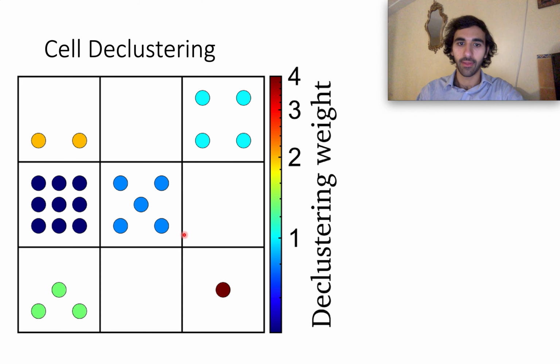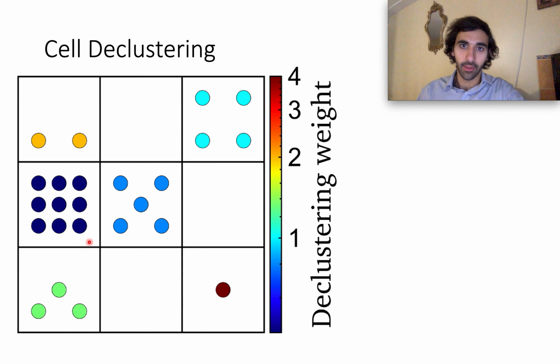So in this simple example here, to the bottom right, we have 1 sample representing this entire cell. So that 1 sample will have the highest declustering weight of 4. To the top right, we have 4 samples representing that same amount of area, so these will all have a declustering weight of 1. And to the left here, we have 9 samples covering a single cell, so these will have the smallest declustering weight, in this case about 0.4.